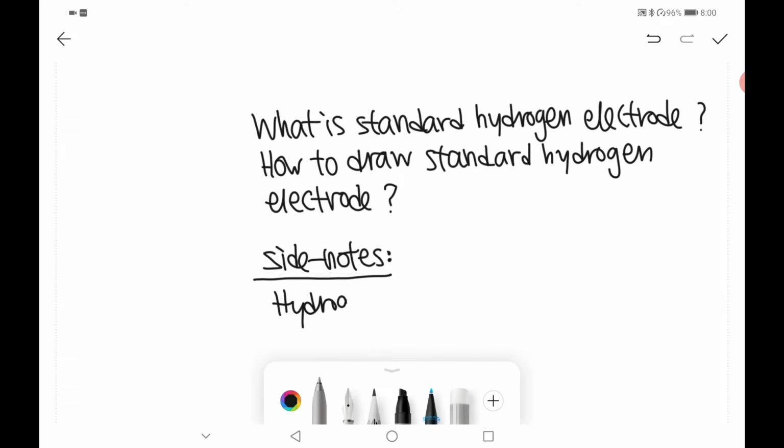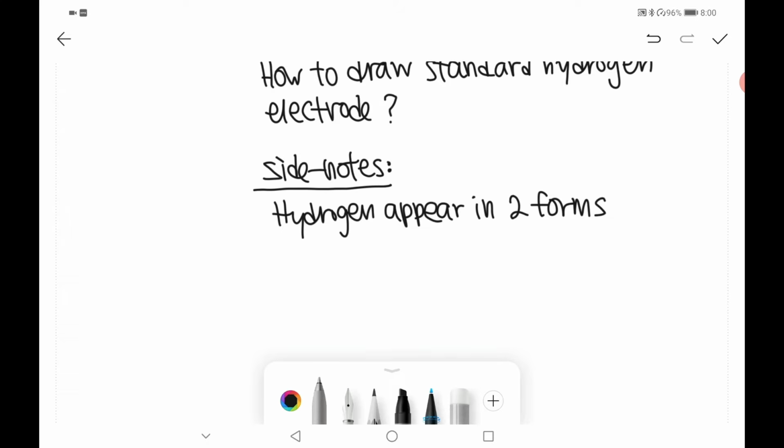Hydrogen in SPM appears in two forms. The first form is hydrogen gas, H2. The second one is hydrogen as H plus ion, which is in a solution form.